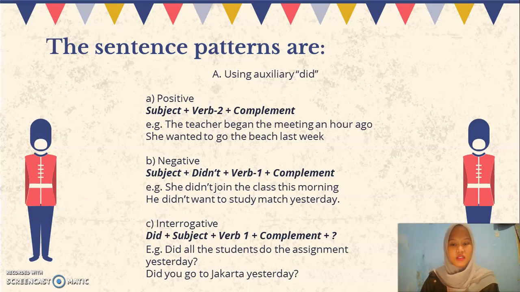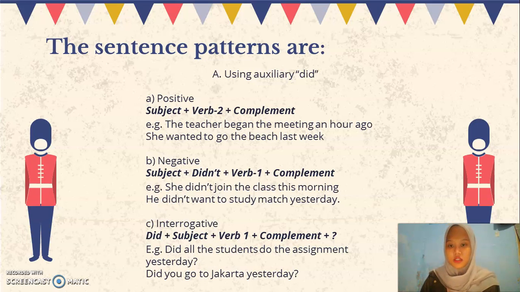And the second one is negative. The formula is subject plus didn't plus verb 1 plus complement. She, as a subject, didn't join, as the verb 1, the class this morning, as the complement. Or he didn't want to study math yesterday. And the third one is interrogative.